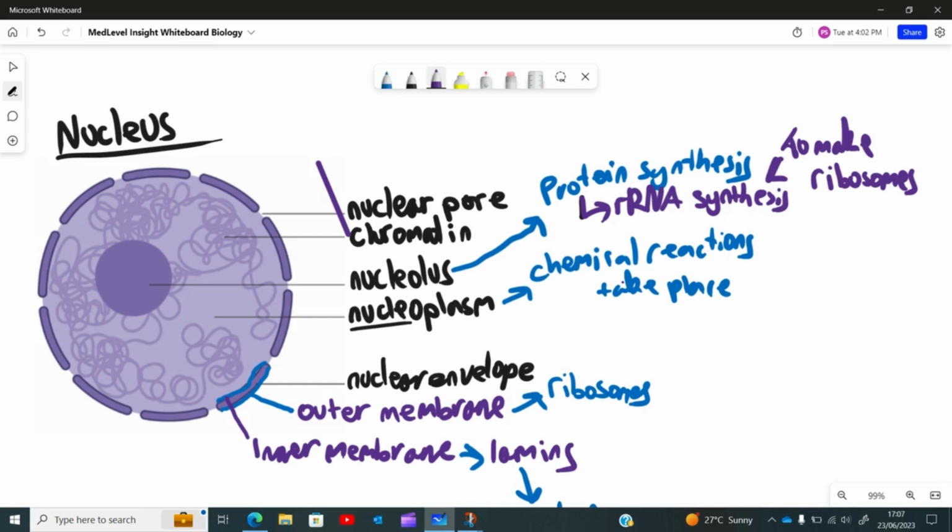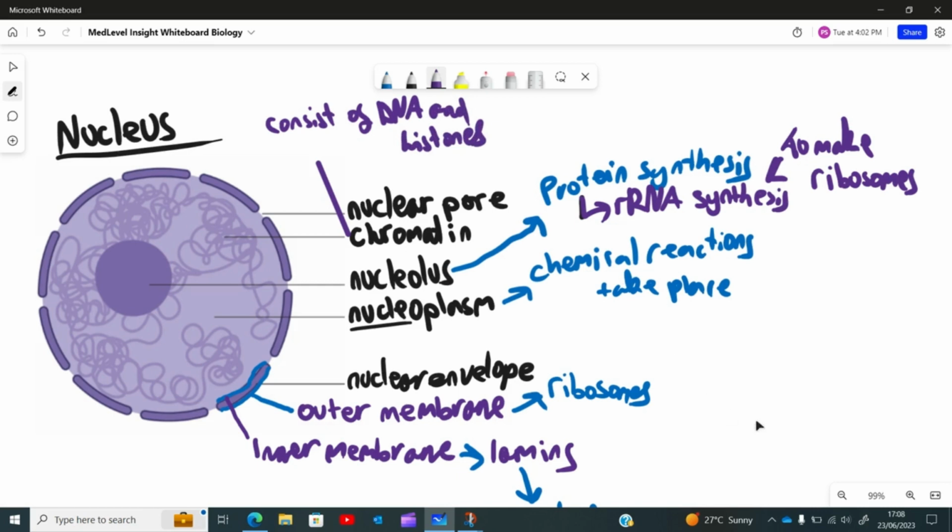As I'm giving you a snippet of medicine content, the chromatin can come in two forms. But before I explain the two forms, chromatin is present in the nucleus and it consists of DNA and histones. Now histones is a type of protein that just wraps the DNA to make its structure essentially.